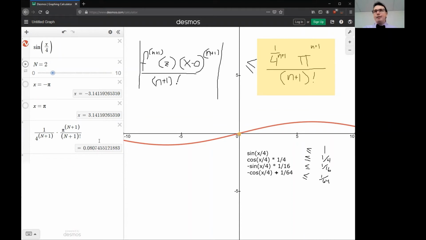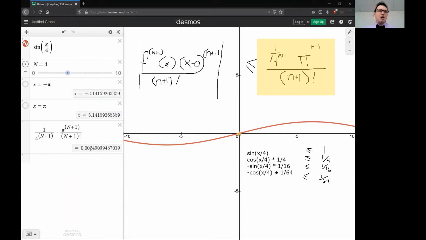So this is a good trend. My error is getting smaller each time, but still not as small as I want it to be. So let's try n equals 3. Very close. We've got error that could be as much as 0.015. So I think at n equals 4, we should have this. N equals 4, we'll have 0.002.